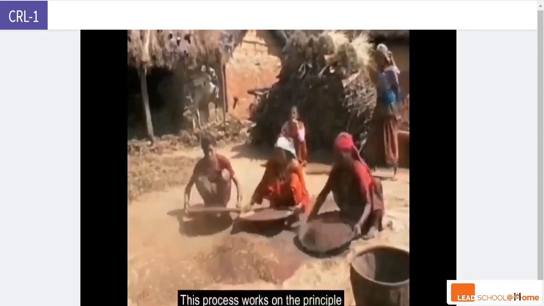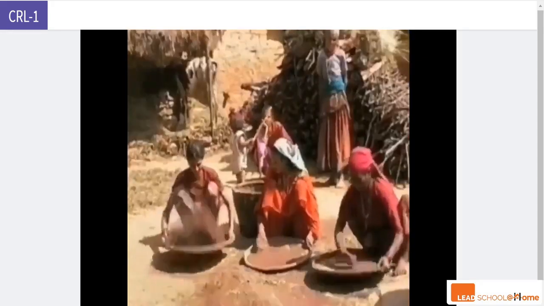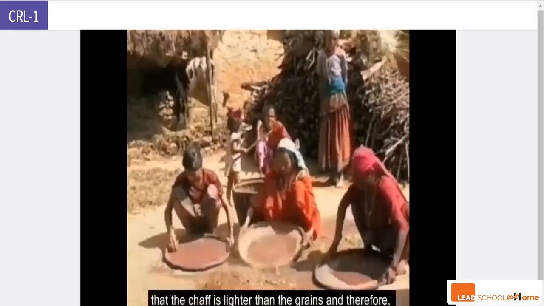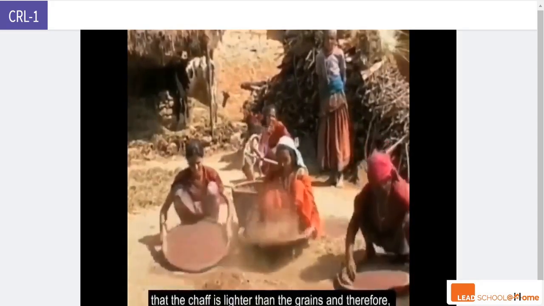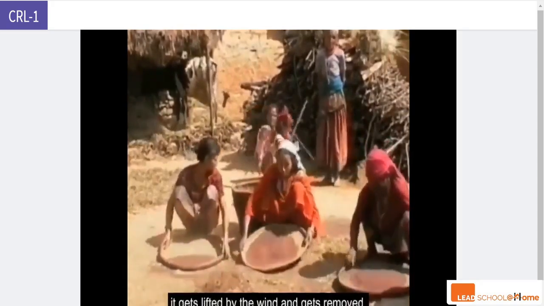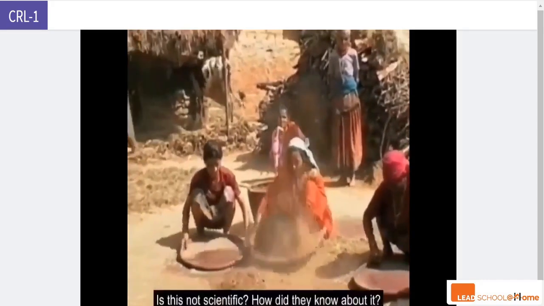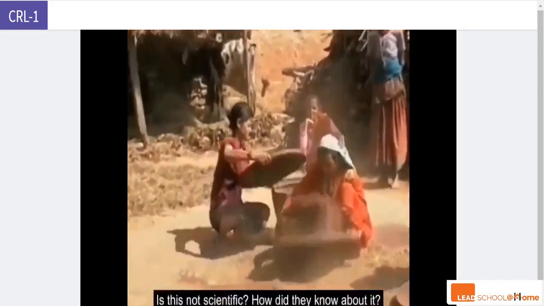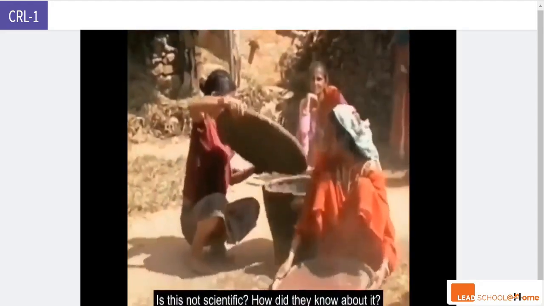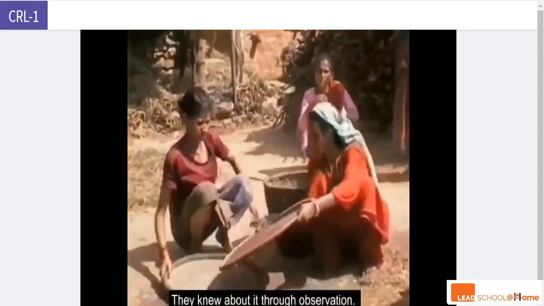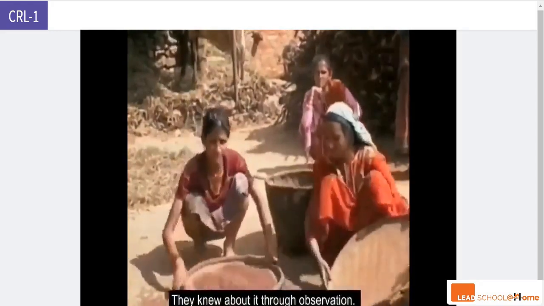This process works on the principle that chaff is lighter than the grains, and therefore it gets lifted by the wind and gets removed. Is this not scientific? How did they know about it? They knew about it through observation.